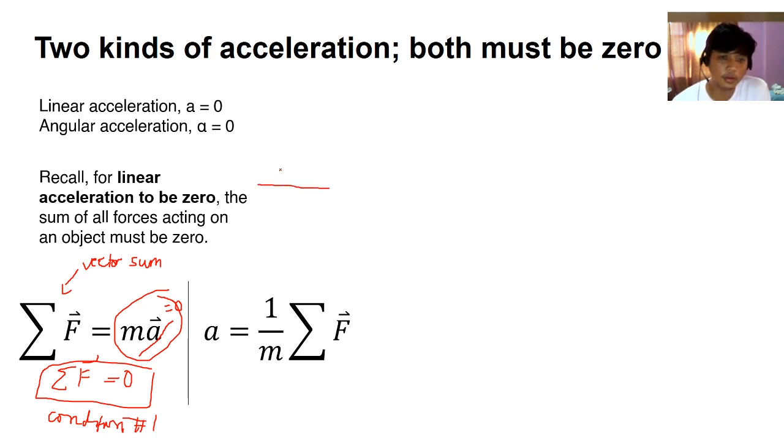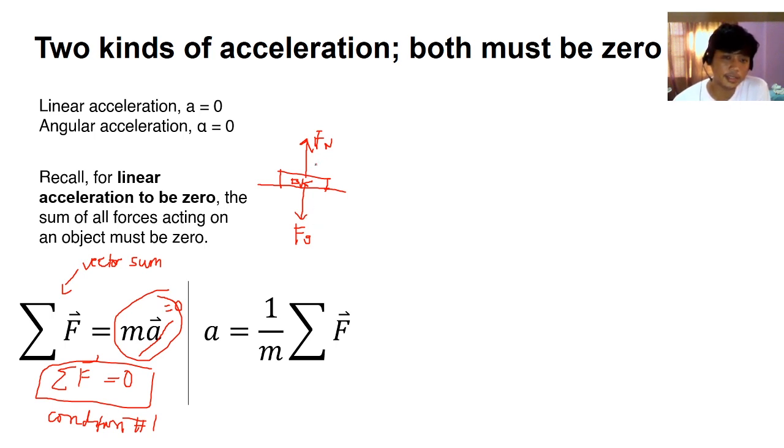For example, if you have a book on a table, there are two forces acting on this book. You have the gravitational force, and the normal force. When you add these forces vectorially, you'll find that the normal force has the same magnitude as the gravitational force. The only difference is their direction.